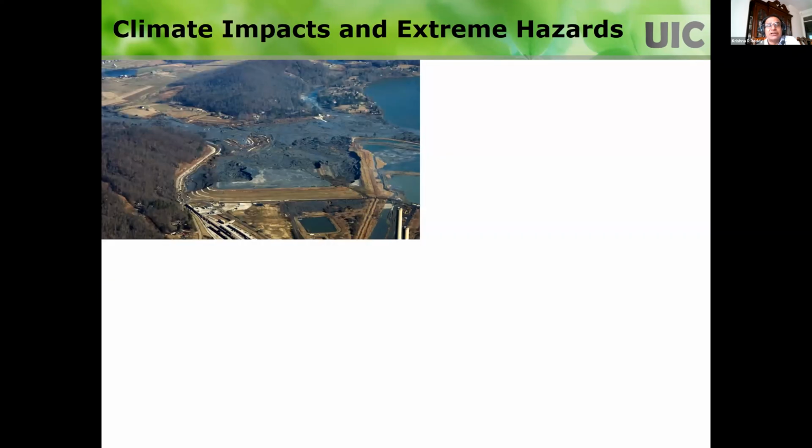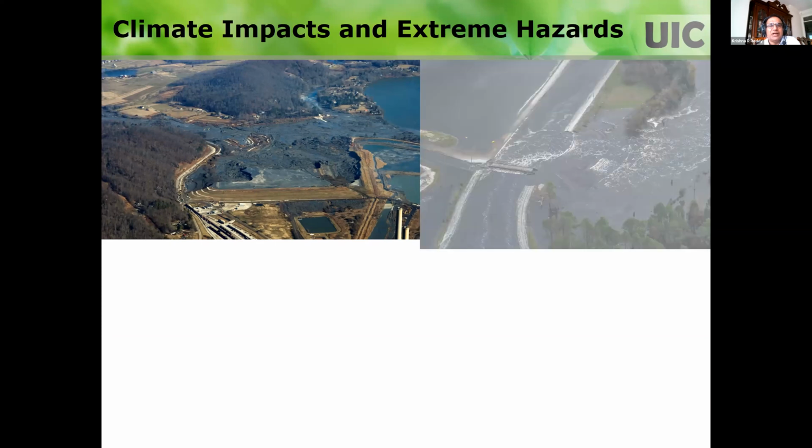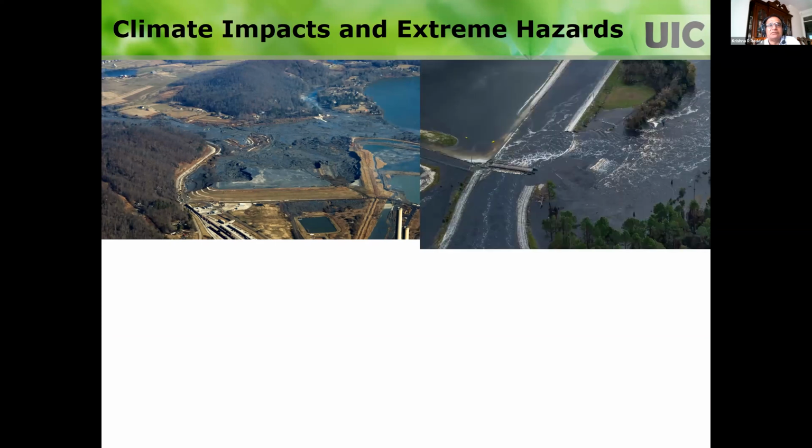The other thing is climate impacts and extreme hazards. Whether we are doing site remediation, cleanup of contaminated sites, or waste containment systems, now we are challenged with things that we never used to worry about, the climate impacts, right?